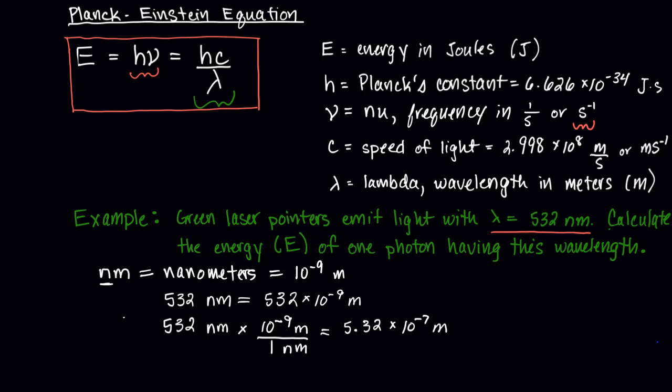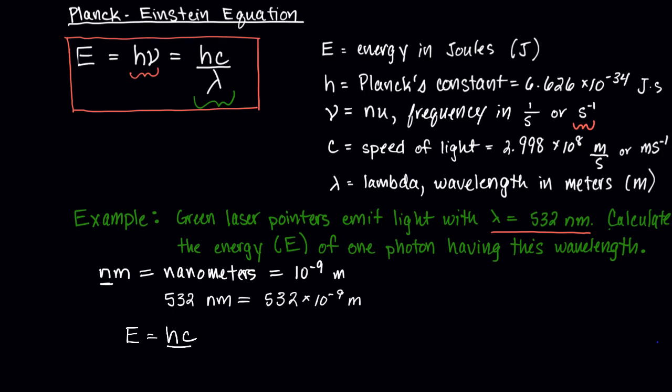I'm just going to erase this last line here and rewrite the equation so we can actually solve the problem. We have energy is equal to hc over lambda. If we put in our numbers here, we have 6.626 times 10 to the minus 34th joules seconds.